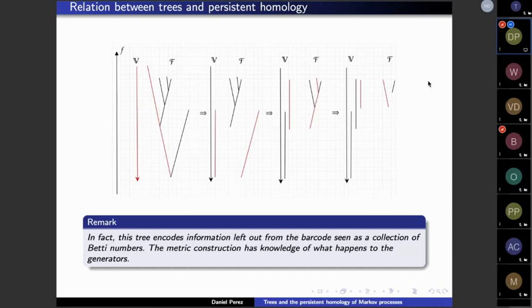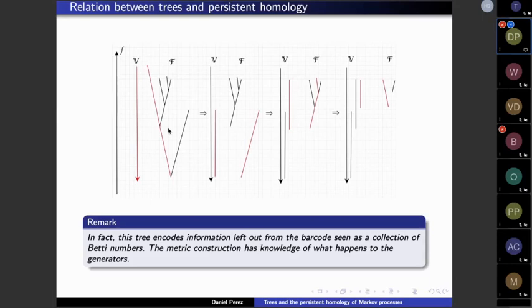The reason for this is the tree actually carries information about the generators of the homology. And so this extra information is actually quite useful, and this is what makes the theory a little bit richer.